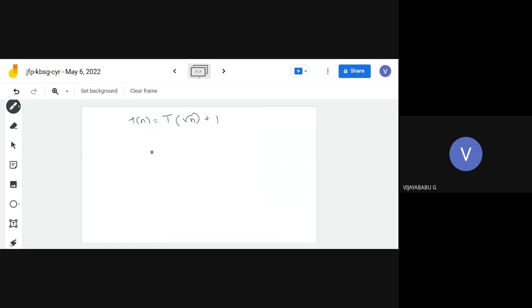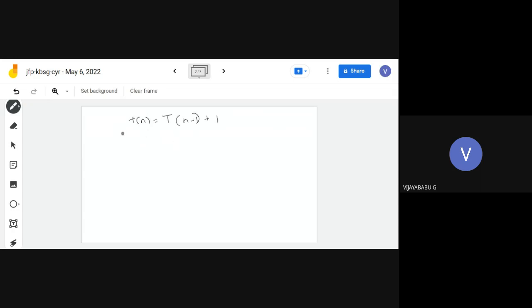Now by looking at this, it is not that easy to solve the problem like the simple problems. If our recurrence relation is T(n) = T(n-1) + 1, by repetitive substitution we can solve this one, right?